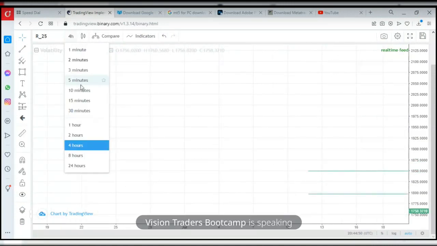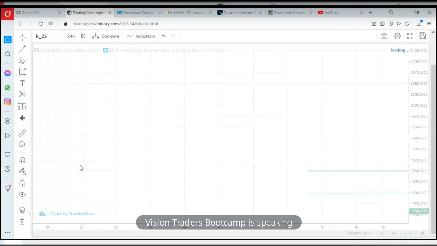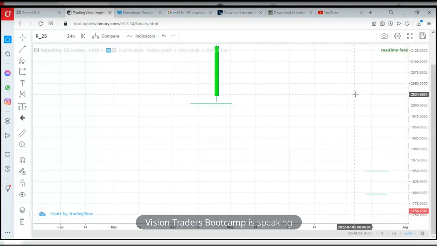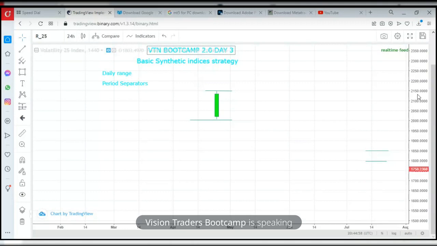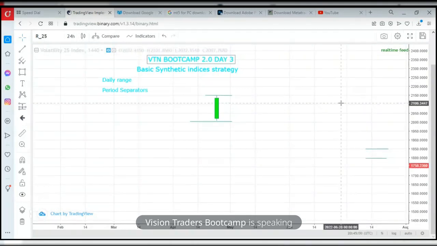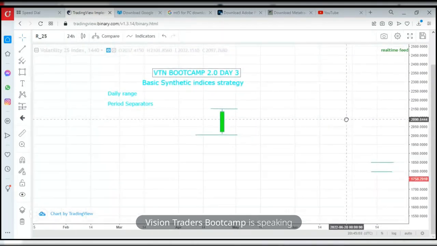So, now yesterday we've understood market structure, we understood our range, and today we've understood what we know as the daily range and period separators.